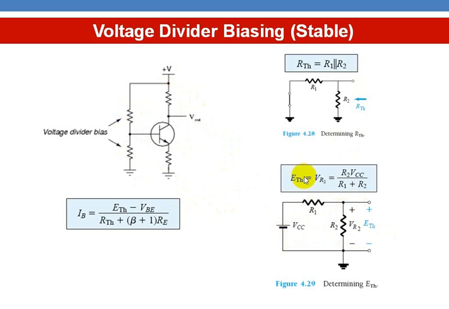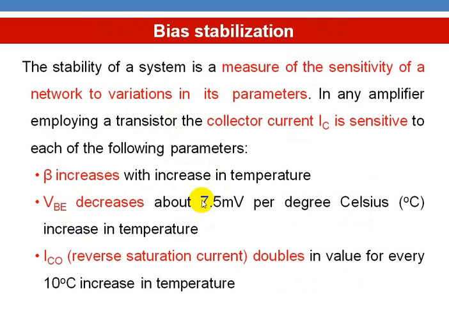With this ETH and RTH, we can write an equation for IB: IB is ETH minus VBE divided by RTH plus beta plus 1 times RE, where RE is the emitter resistance. Here again, IB depends on beta. Whenever there is some variation in beta, it will immediately reflect in the base current. Because of changes in the base current, the collector current can be maintained constant.